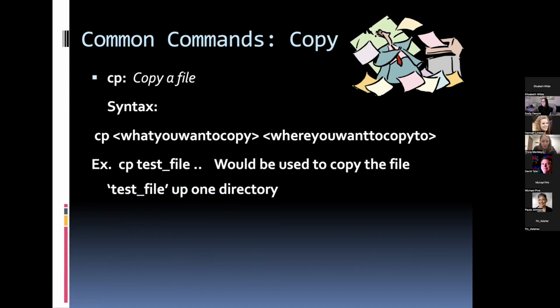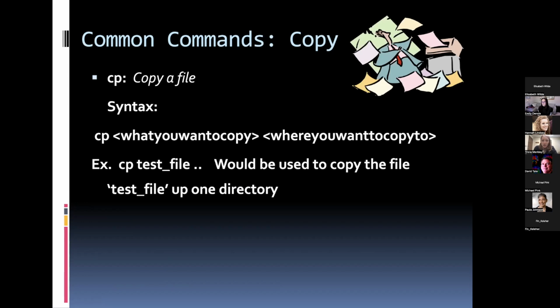So for example, if at the command prompt you entered CP space test_file space .., this would have the effect of copying this test file, whatever this test file is, up one directory. So you have the command CP, what you want to copy, and then where you want to copy it to.